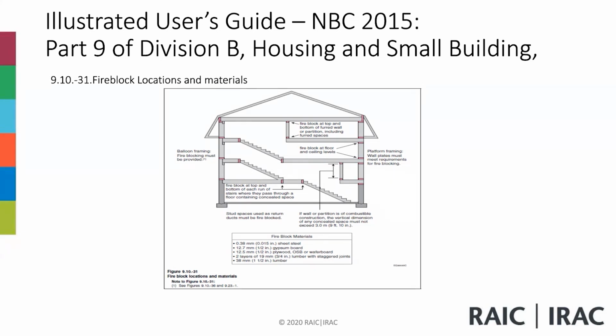I prefer to put the illustration for you because it gives you an idea of where the fire blocks are typically located in a house, and this is from the Illustrator's guide. Actually, it's not in there. So the fire blocking requirements are provisions under 9.10.8. Let's see where it is here.